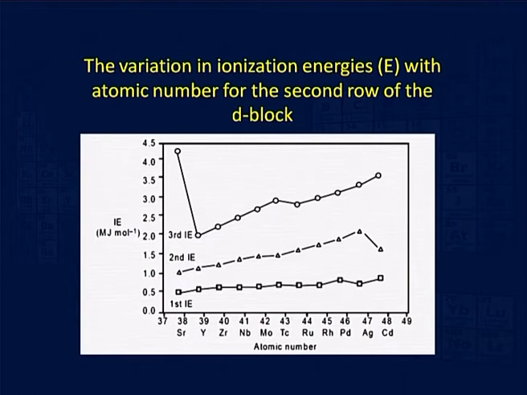However, the first ionization energy is always lower compared to the second ionization energy, which in turn is lower than the third ionization energy. This is because, as you are aware, when you remove one electron, extra positive charge is created, and therefore the additional electron removal will be slightly more difficult.